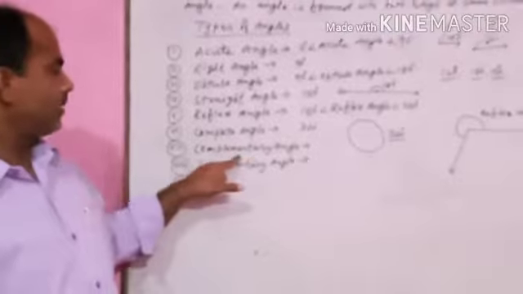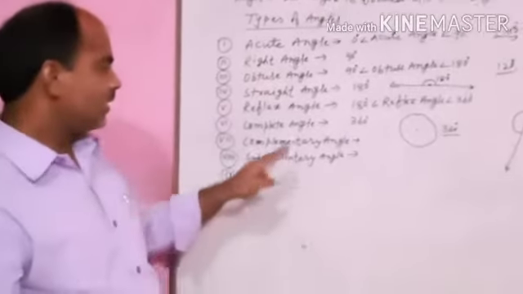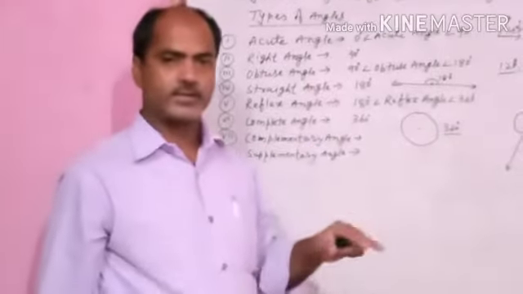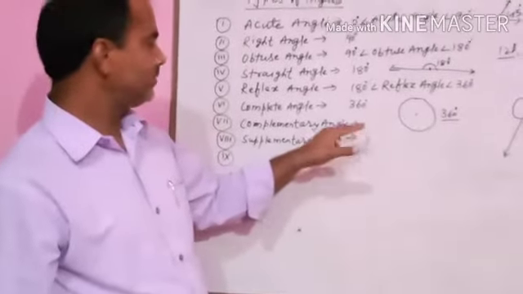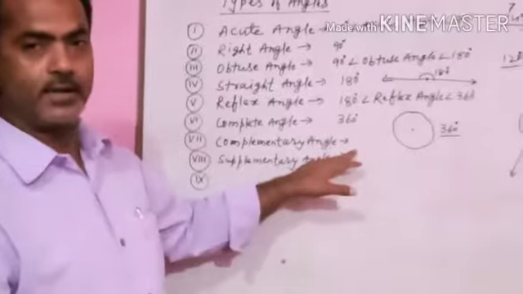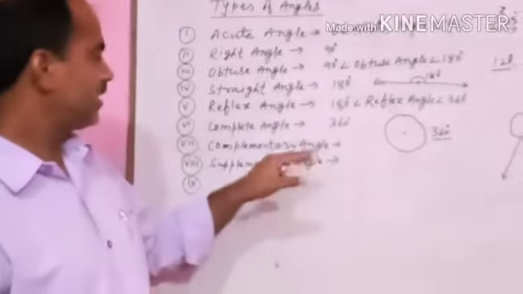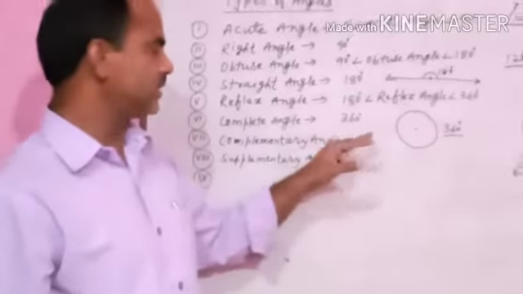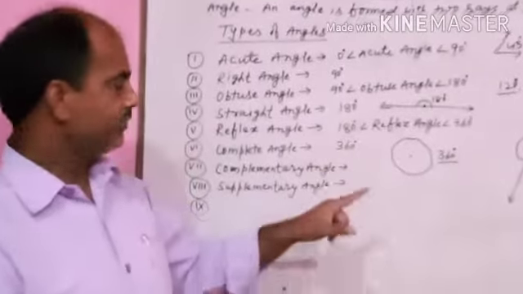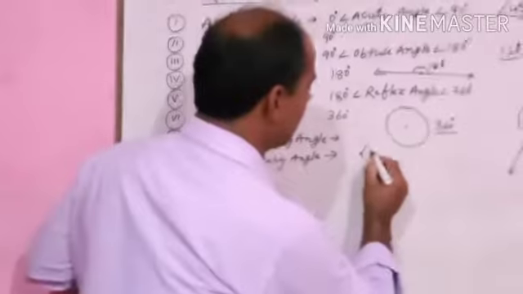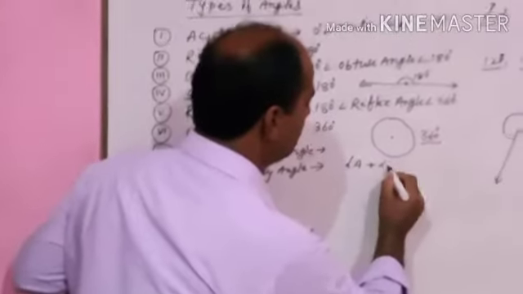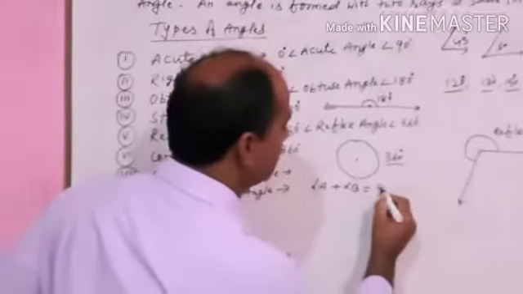Now students, complementary angles. If the sum of two angles is 90 degree, that is called complementary angles. Such as angle A plus angle B equal to 90 degree.